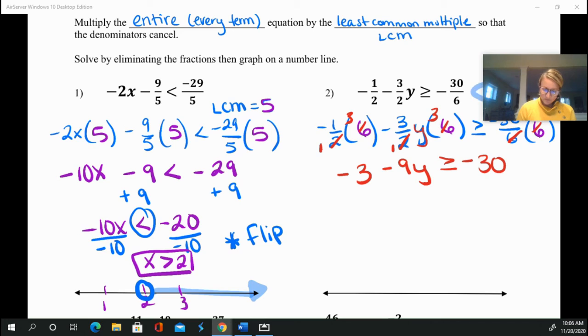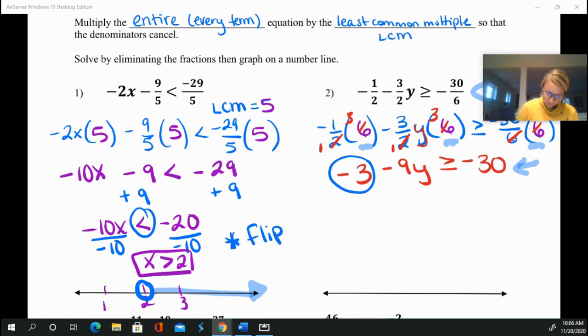Okay, so find the least common multiple. Then multiply every term, all three terms, by that value. And you should eliminate the fractions once you do that step. Now we want to have all the constants, all those numbers without variables on the right side.